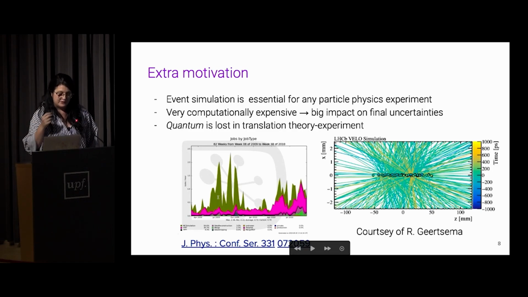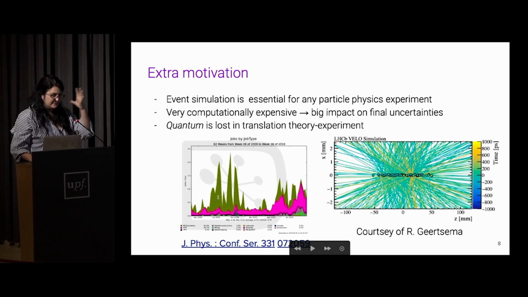We are getting more data, which is very happy news for particle physicists. We hope to discover physics beyond the standard model. But it also means that these simulations are only more complicated. You have many more proton-proton collisions happening all at once, and it's very tricky and very challenging. So how great would it be if we can finally assess this in a coherent way?